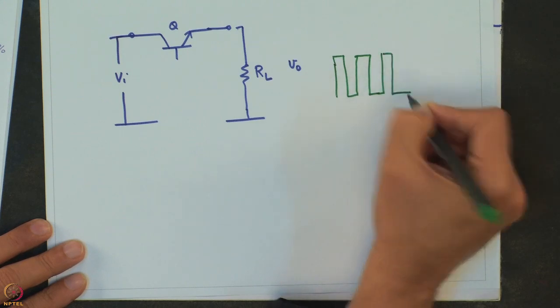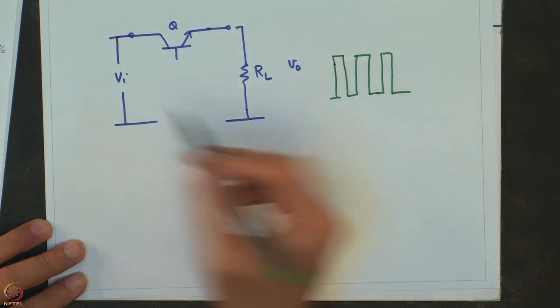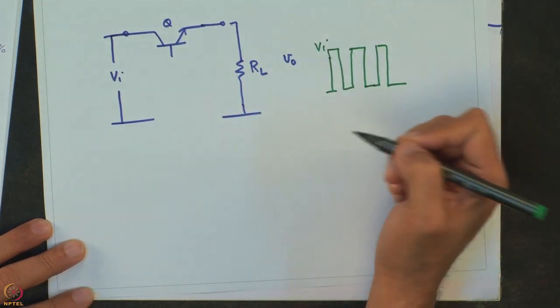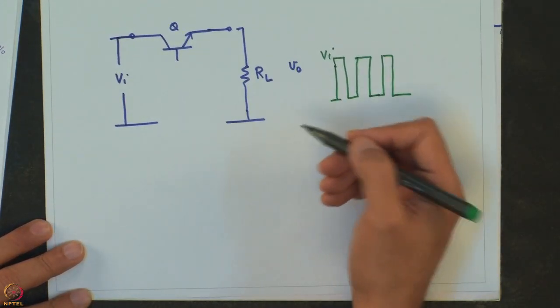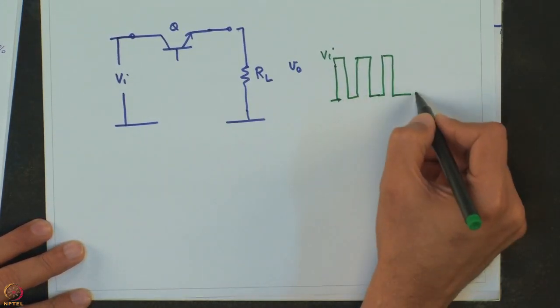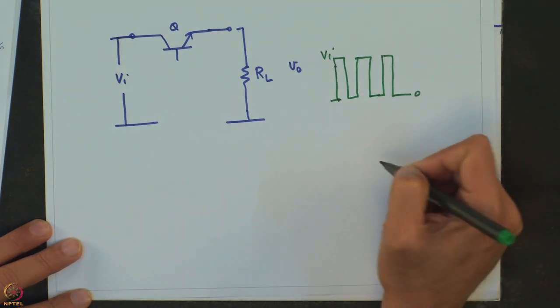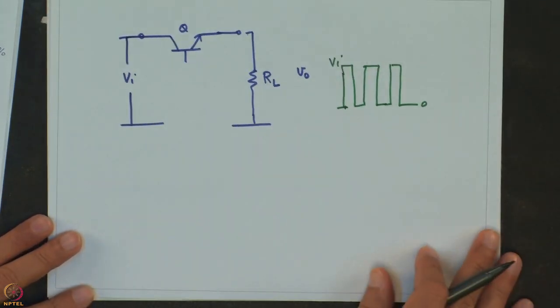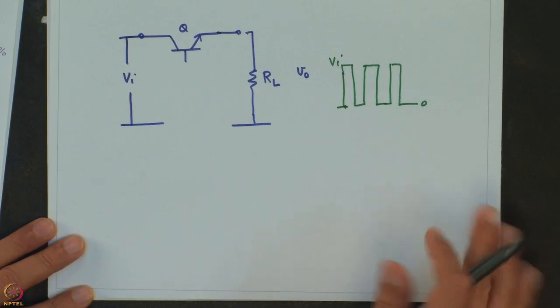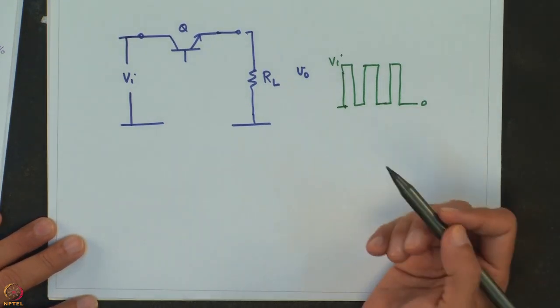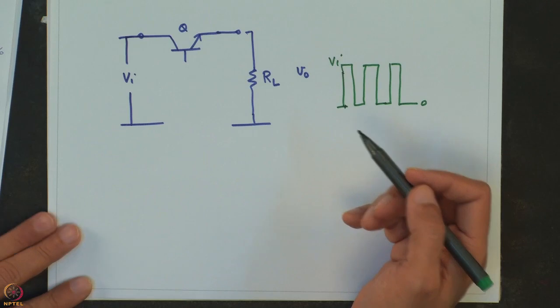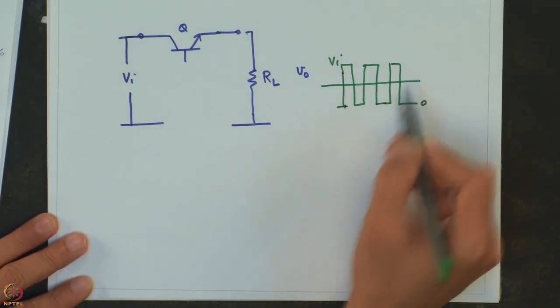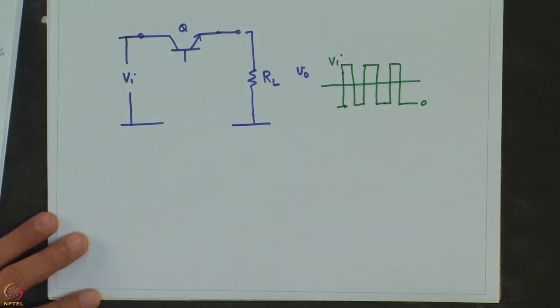So when the Q is on, you have the input voltage Vi appearing across RL, and when the Q is off, you have a 0 voltage appearing across RL. Okay. Now this we could try to maintain by controlling the switch Q in a manner that I can still get a nice and constant output voltage, but there are some challenges.